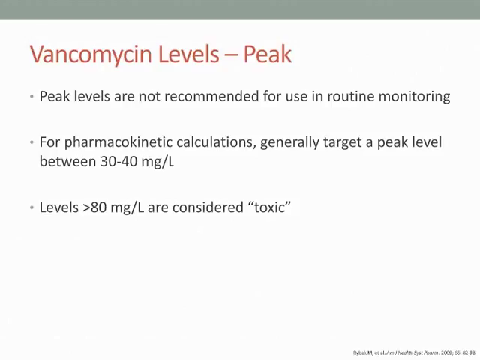Truly though, the peak level doesn't matter. It's okay to have a relatively low peak value. For example, if you do your calculations and your estimated peak level turns out to be less than 30, this is still okay as long as your trough level is within the targeted range.